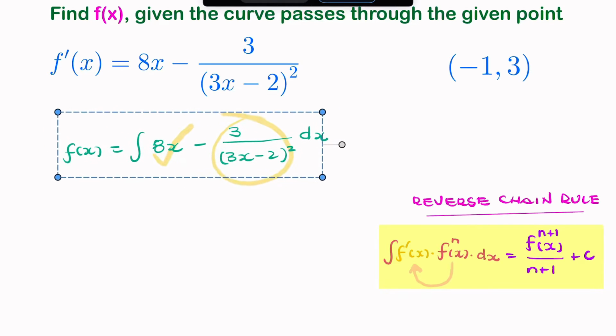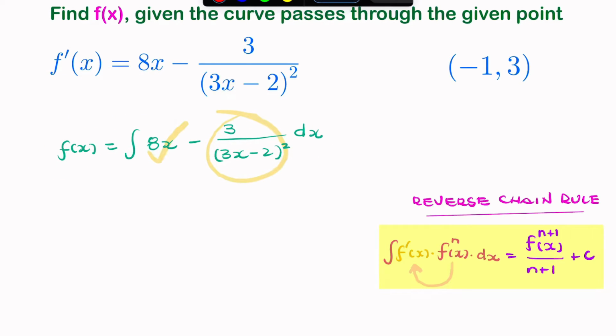So let's not confuse this f of x with this f of x, but let's rewrite this as f of x equals the integral of 8x minus 3 times 3x minus 2 to the power negative 2 dx.